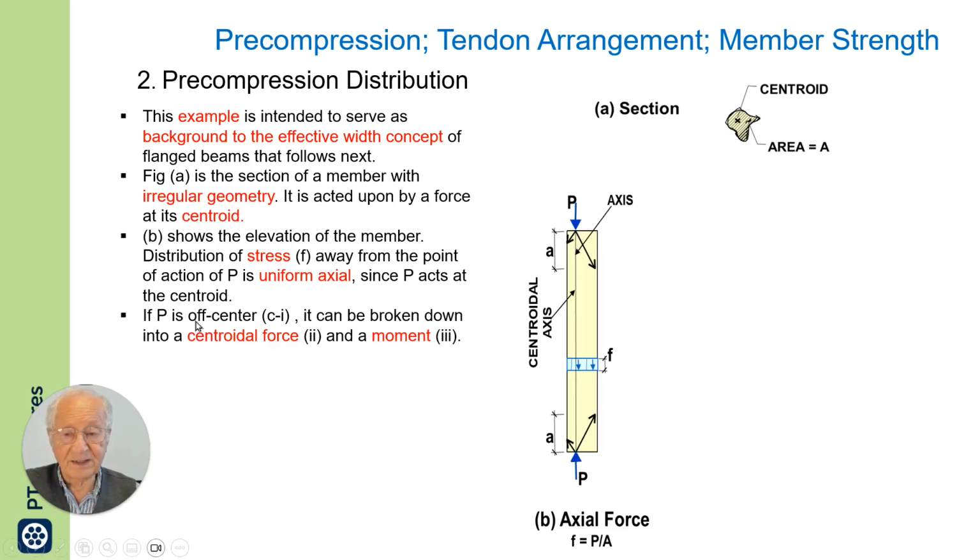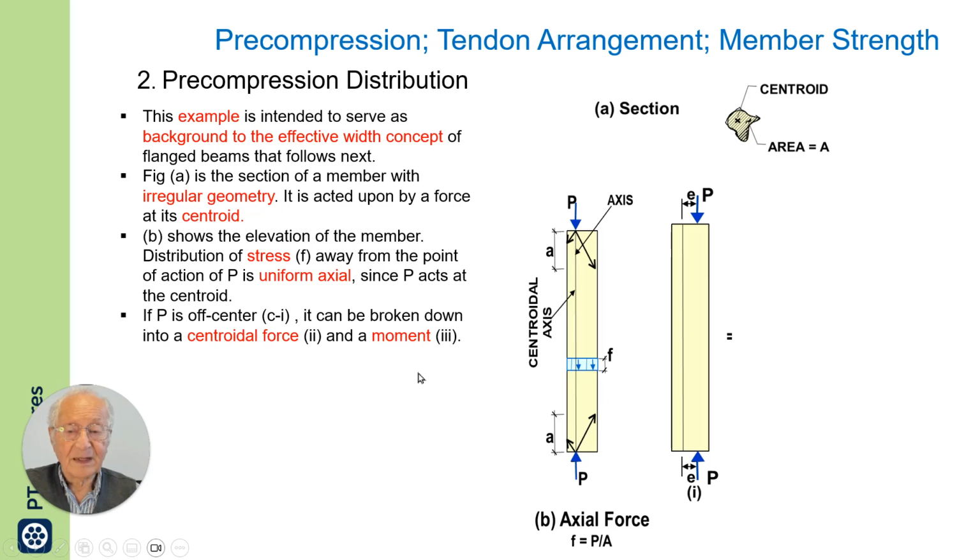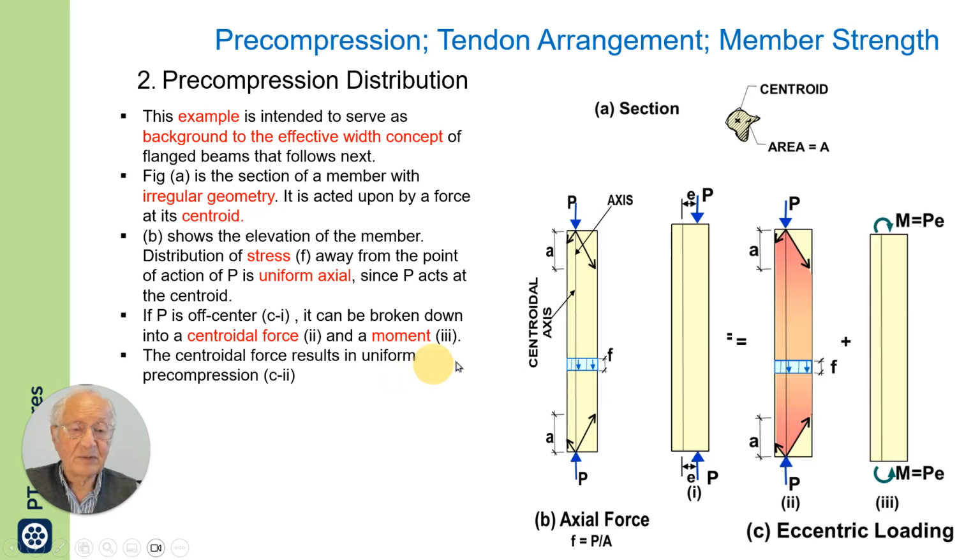If P is off center, as it is shown here, then it can be broken down into a moment, because it is off center, and axial. Now, the bending component would be subject to effective width.